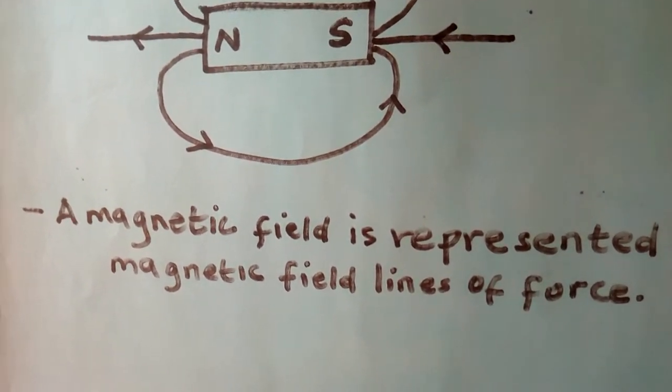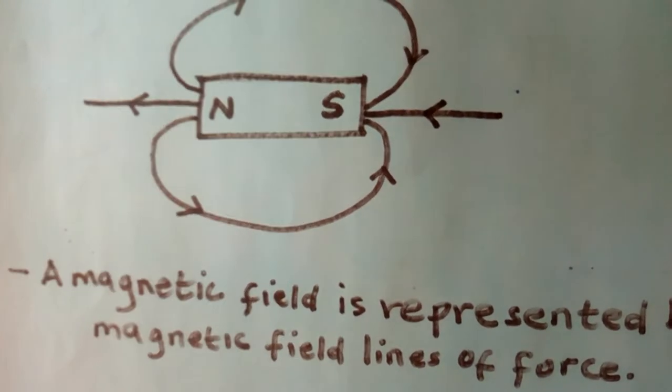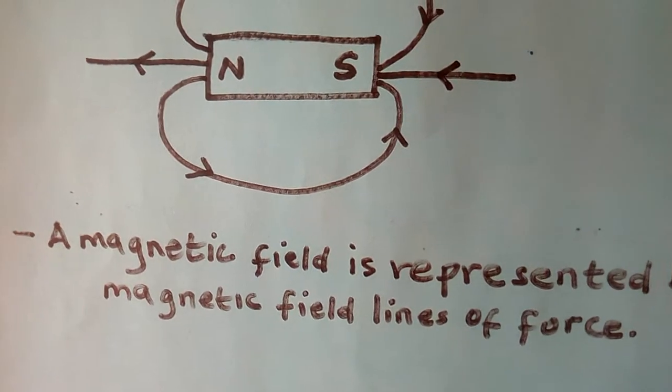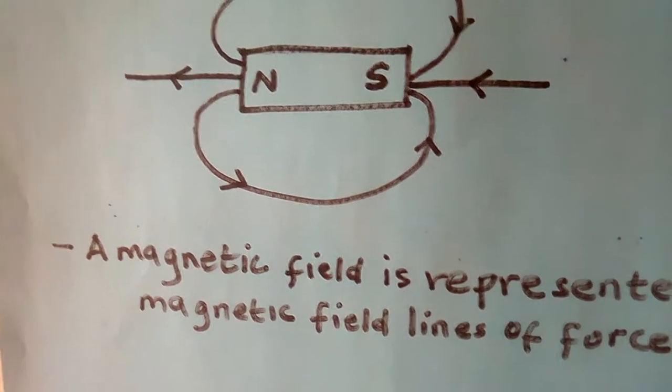Now, the way you look at those lines, they have been drawn in such a way that they start from the north and they end at the south. From the north pole and they end at the south pole.